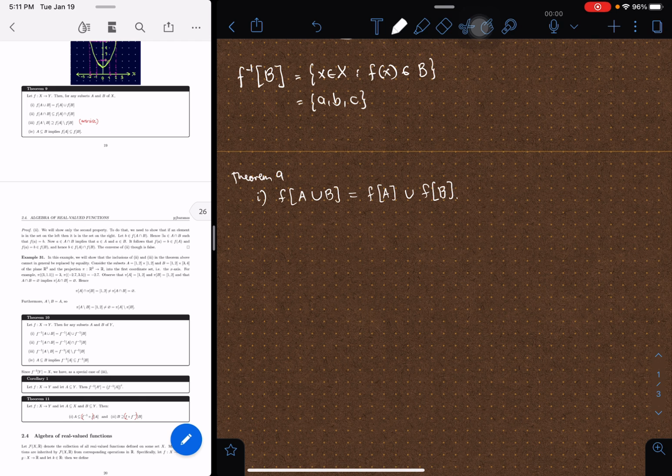Okay, so we start with an arbitrary element x in f(A union B). This is equivalent to saying x is an element of, by definition, f(A union B), which is the set of all f of x such that x is in A union B.